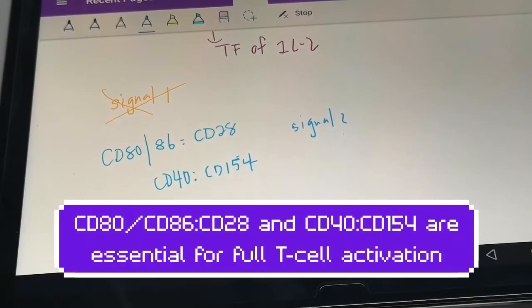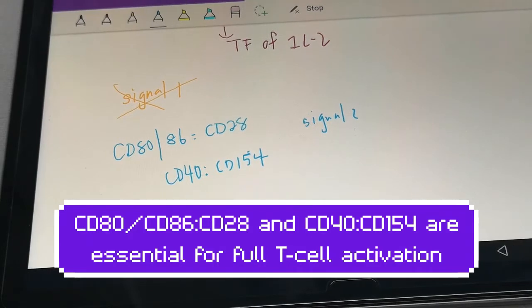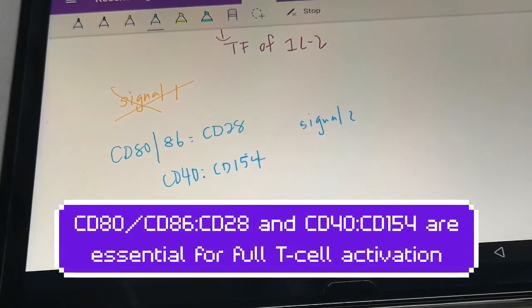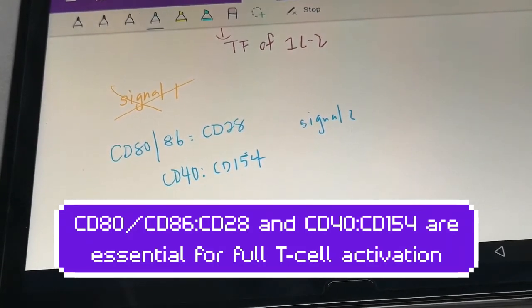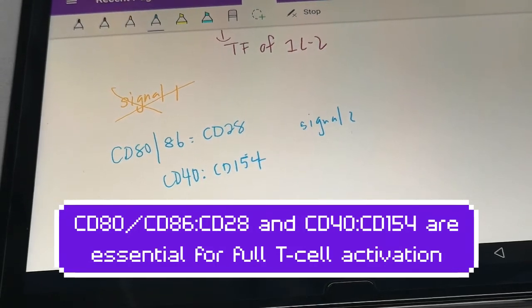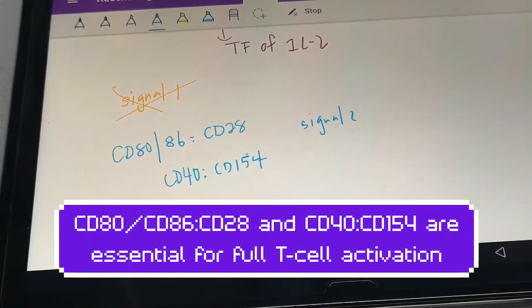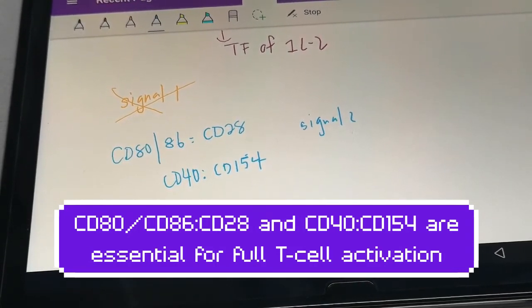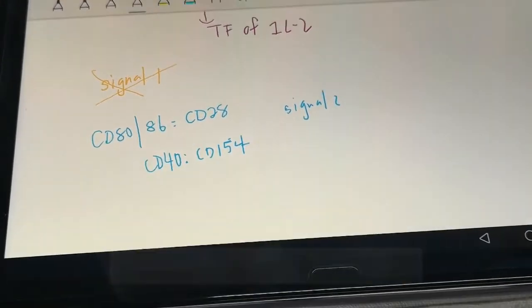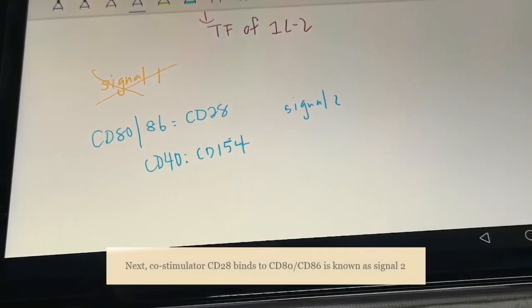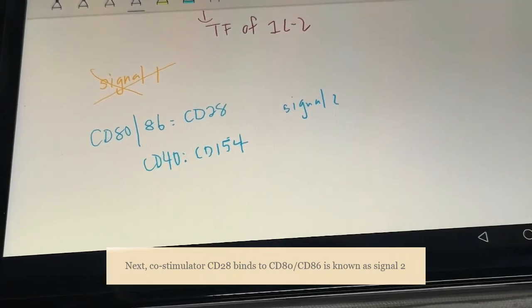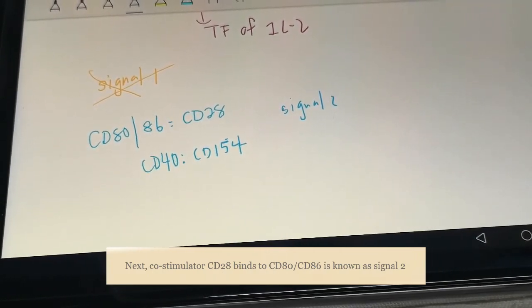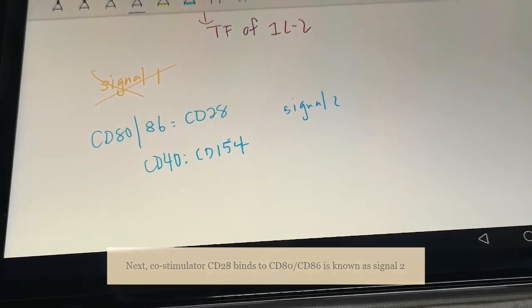CD80 or CD86 with CD28 complex and CD40 with CD154 complex are essential for full T-cell activation. The binding of the co-stimulator CD28 to CD80 or CD86 is known as signal 2.